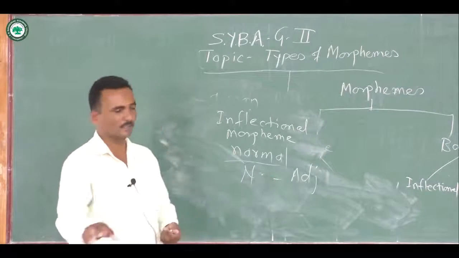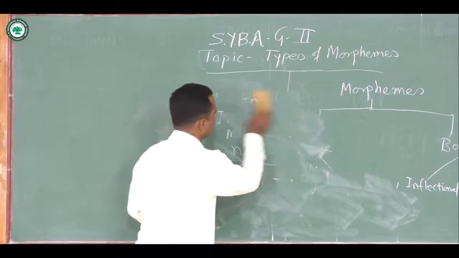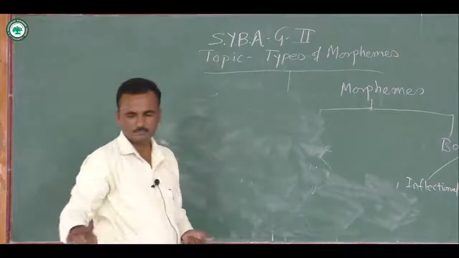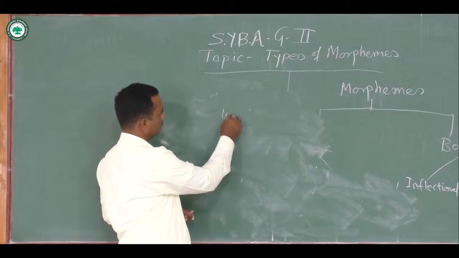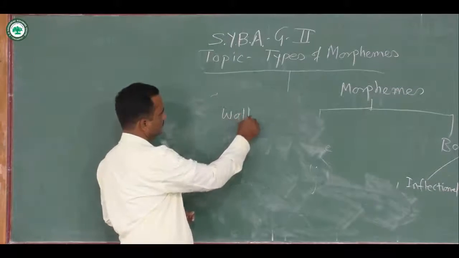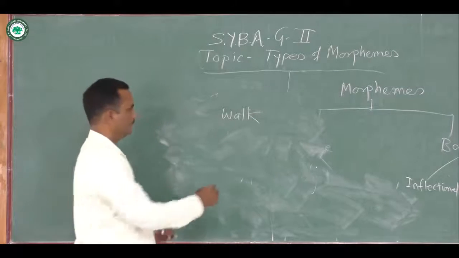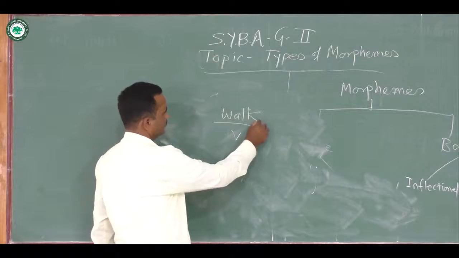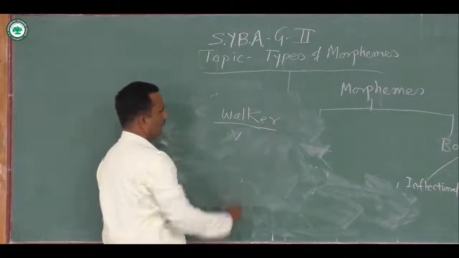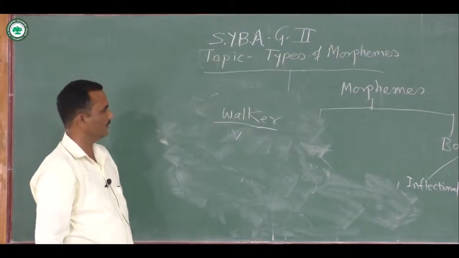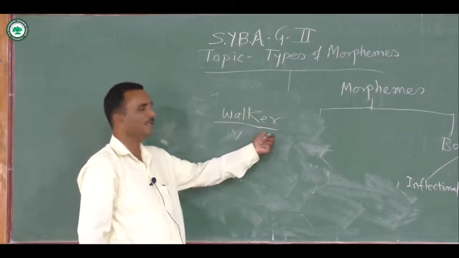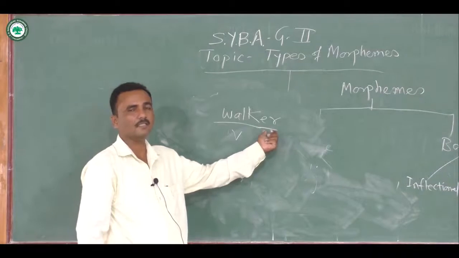So we can see here, for example, look at the word walk. Walk is a verb. Now when the morpheme er is added to it, it becomes walker. So the grammatical category changes, the class is changed.